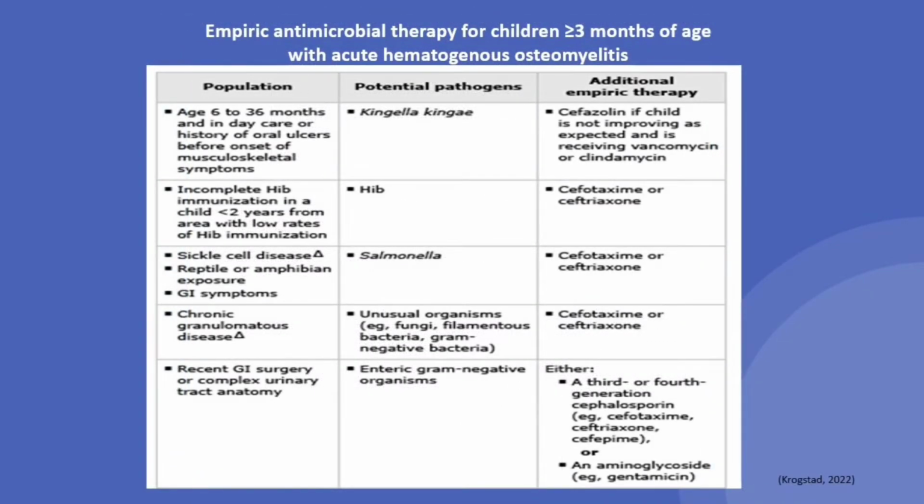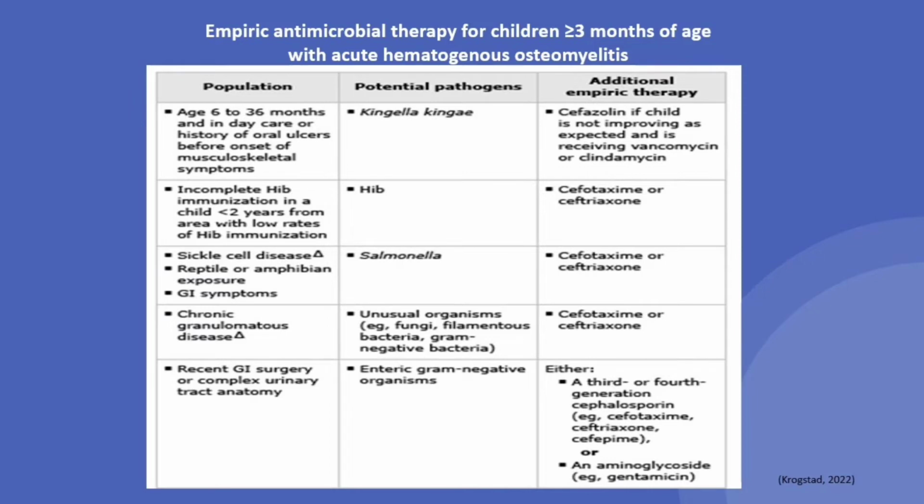Empiric antimicrobial therapy for children more than 3 months of age with acute hematogenous osteomyelitis. For the age group of 6 to 36 months and in daycare, or history of oral ulcers before onset of musculoskeletal symptoms, the potential pathogen is Kingella kingae and the additional empiric therapy is cefazolin if the child is not improving as expected and is receiving vancomycin or clindamycin.